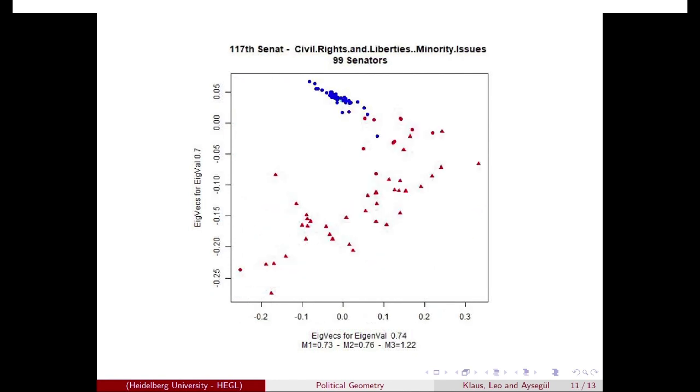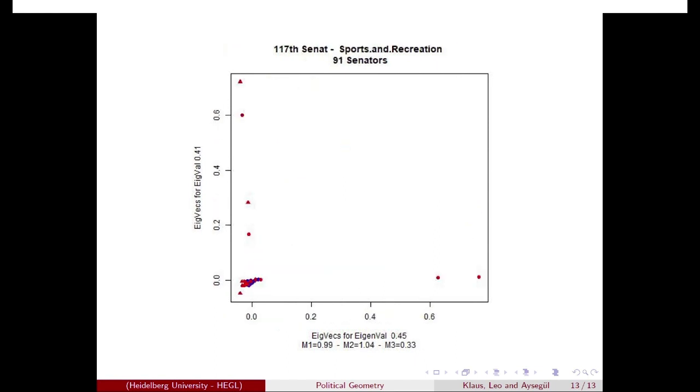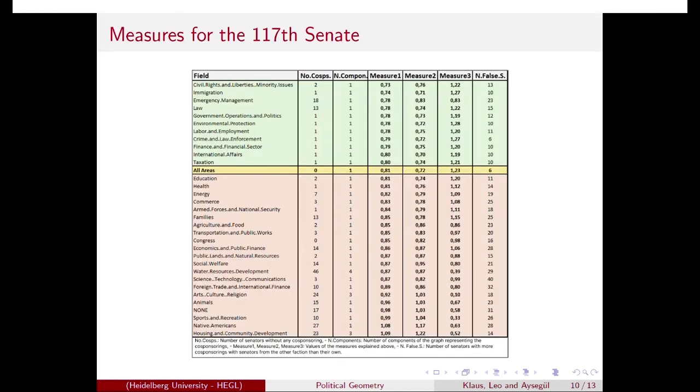We can see this in the plot too. So the plots fit together with the measures, and it's very intuitive. So back to the table. In the green areas, we would expect a higher level of dissimilarity than in the red areas.